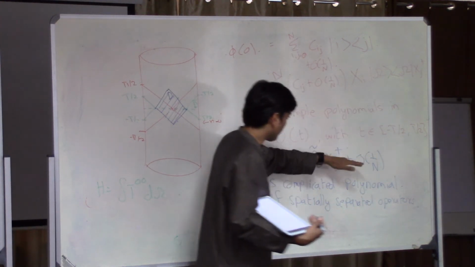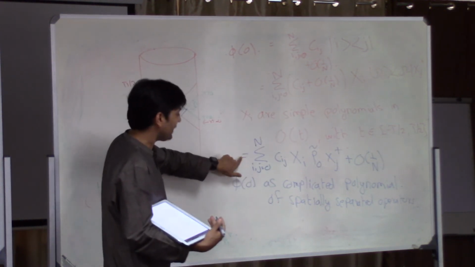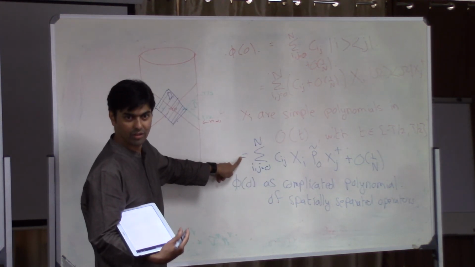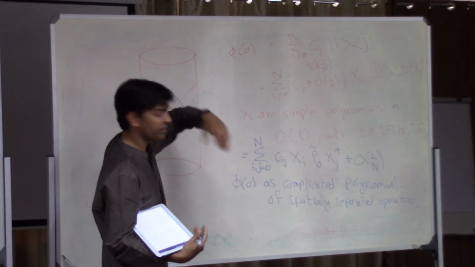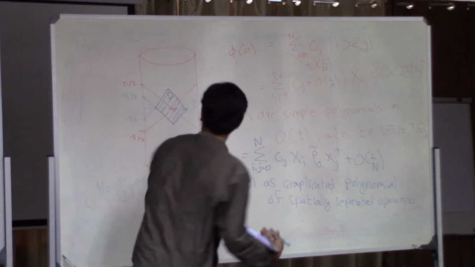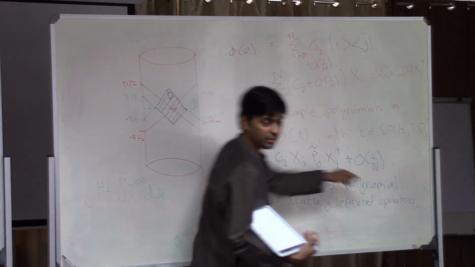Once I've inserted this polynomial, I've written an identity of phi of 0 is equal to this. So this reproduces the action of the operator on all states as long as they are not states of energy higher than n. So the approximations I made here were in ensuring that no states with energy higher than n entered. And the approximation I made here was a 1 by n expression, but this is an equality.